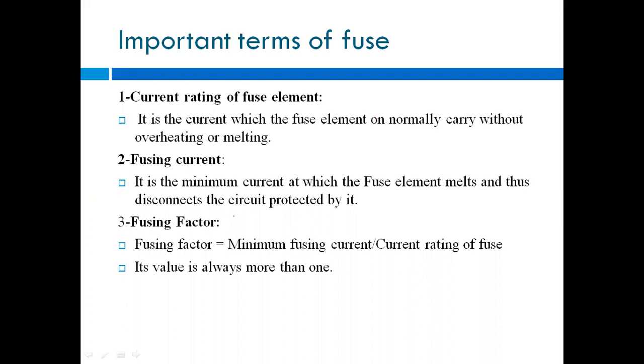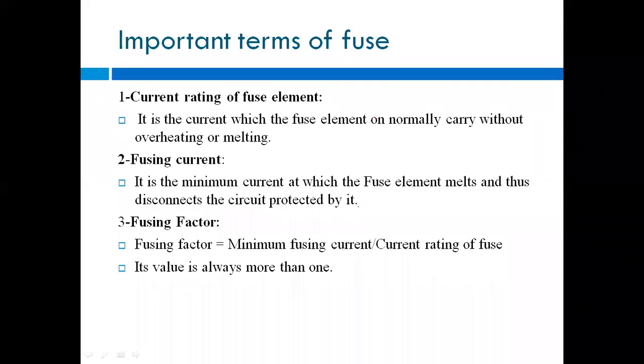Then the second definition is the fusing current. Fusing current means the minimum current at which the fuse element melts and thus disconnects the circuit protected by it. Again we consider the 10 ampere current rating fuse.